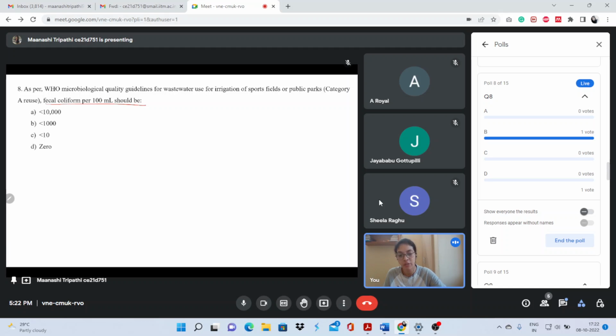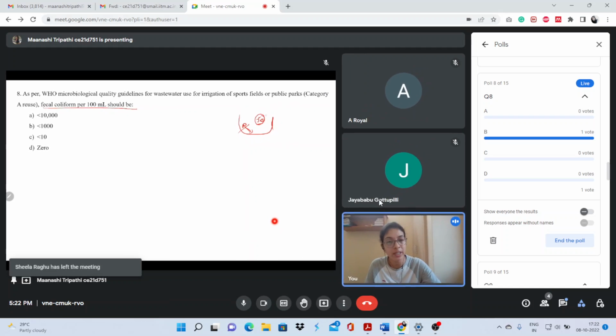Means in any wastewater, if pathogens were there, these fecal coliforms will be there. Even when the pathogens die, these fecal coliforms will still be there, and we will know, okay, at once there was pathogens. So these are itself not pathogens, but they are the indicator of pathogen.